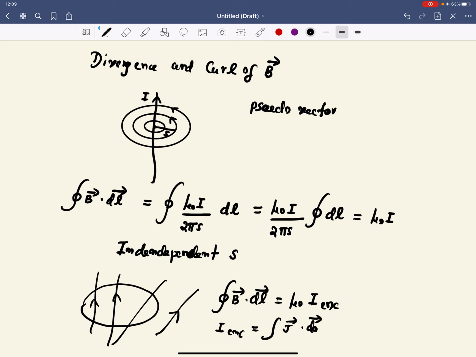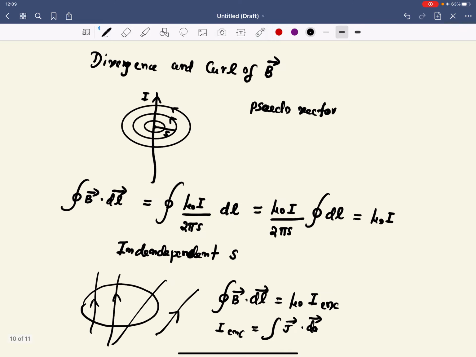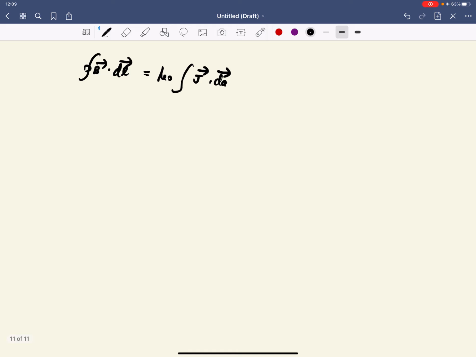So now I can substitute and rewrite this B dot dl as equal to mu 0 into the integral of j dot dA, okay. So now I can convert this line integral into a surface integral using Stokes theorem.